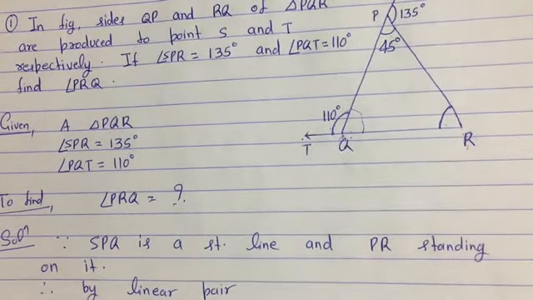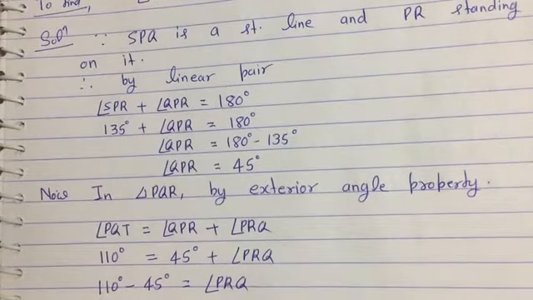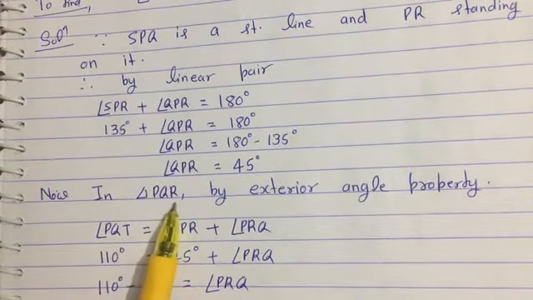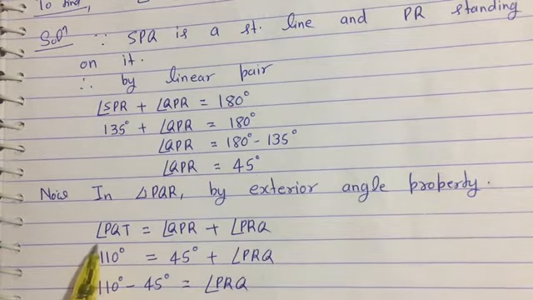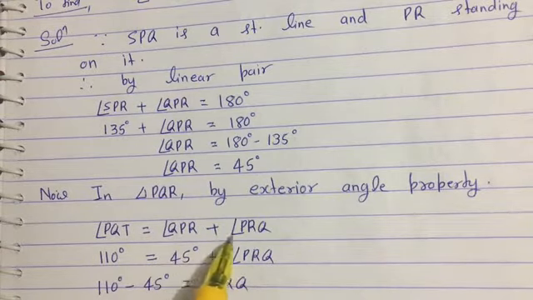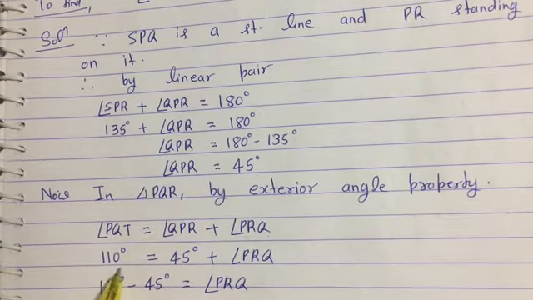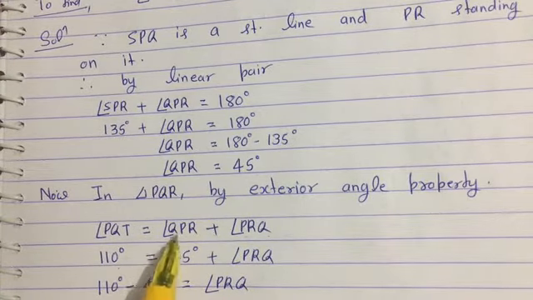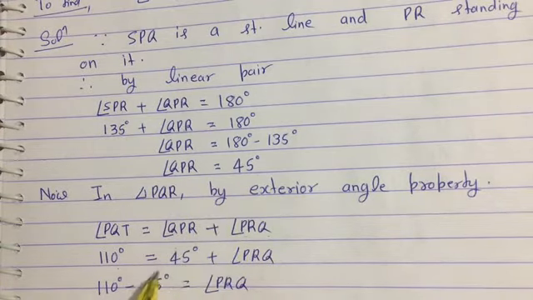Okay, now we are going to write down this thing. In triangle PQR, by exterior angle property, angle PQT is equal to angle QPR plus angle PRQ. The value of angle PQT is 110 degrees, and we recently calculated that angle QPR is equal to 45, so write down 45 plus angle PRQ.